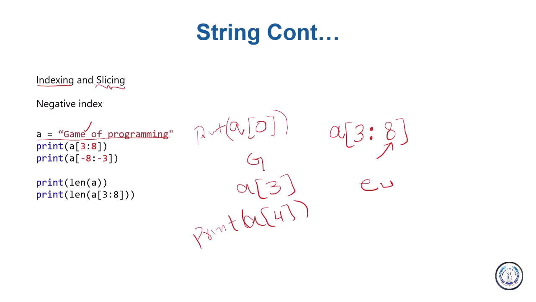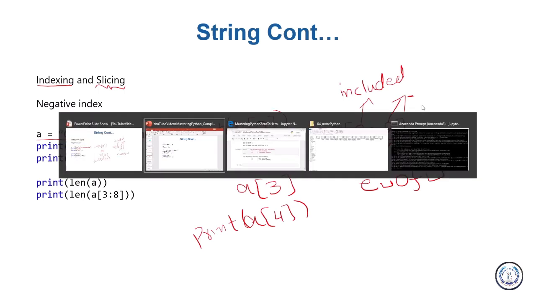The character at index 5, which is O, the next character at index 6, which is F, then a space, which is 7, and then the character at 8. So this is not included to be accessed. This is included. This is inside. This is included. This is not included. So we can access a substring, starting from 3, ending at 8. Let's see an example, and we'll come back to this slide again after a few minutes.